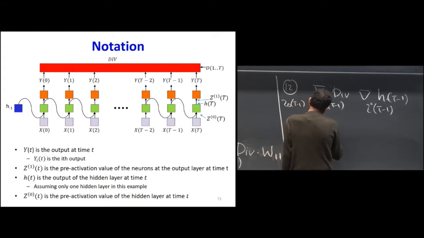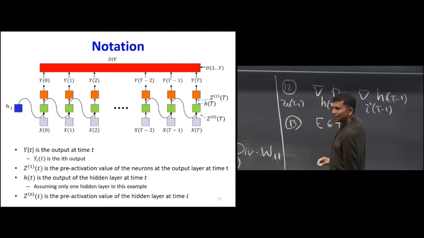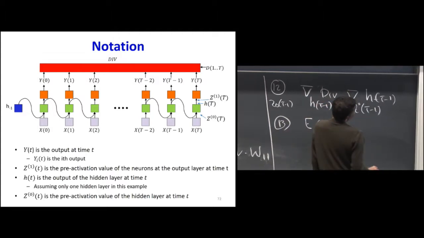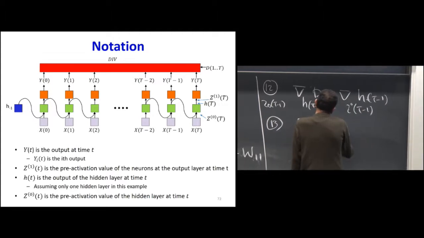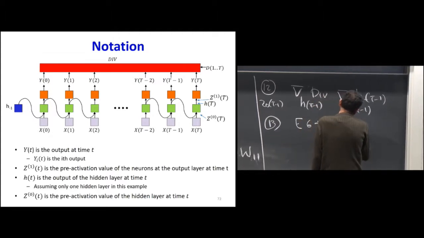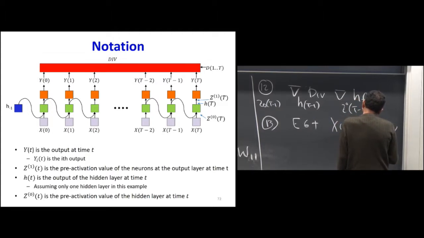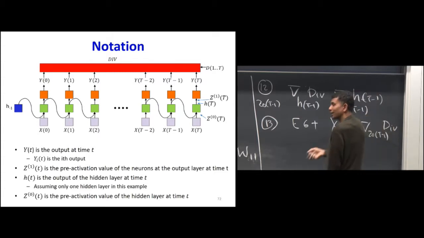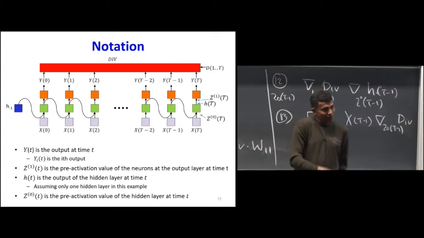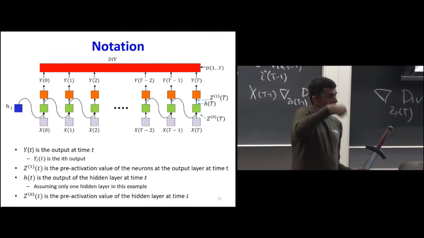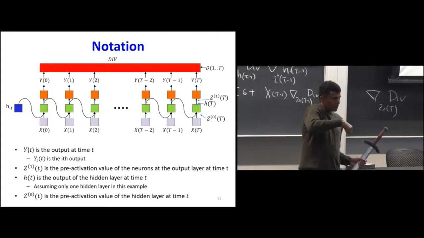So this is E6 plus x of t minus 1 times the derivative of the divergence with respect to z0 of t minus 1. So you see how this is going. And the next time when I'm computing this derivative, that weight, because it's happened twice, I'm just adding stuff. Correct?